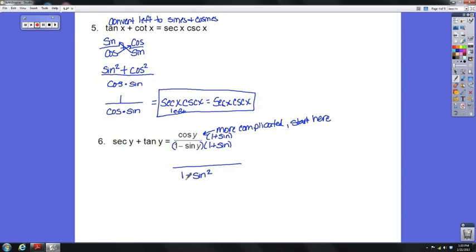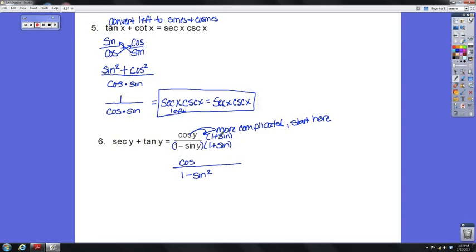Because see, now I can look on my green sheet and replace that with cosine squared. But I need to make sure that I multiply the numerator by whatever I multiply the denominator by. So I'm going to multiply cosine times both of these. Cosine times 1 is going to be cosine. You're going to have to distribute.